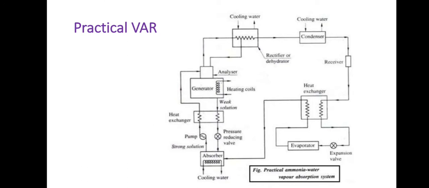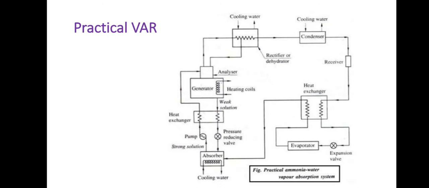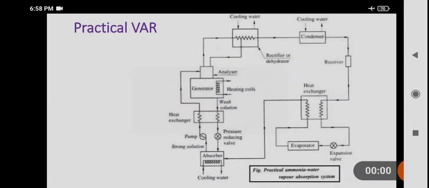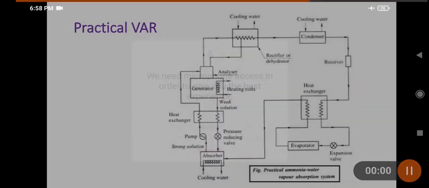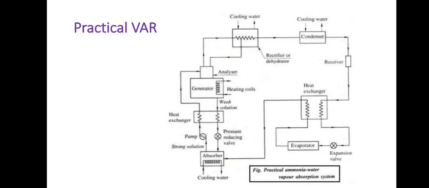This ammonia vapor is then supplied to the rectifier.